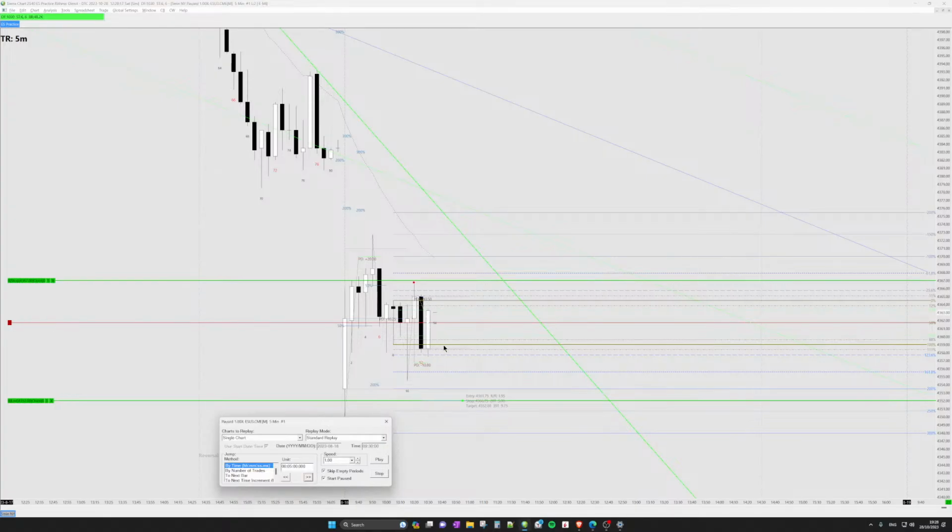So this is bad. And now there are trapped sellers. The buyers did 5 points plus 3 ticks, so they can expect 10 points. Is that high?